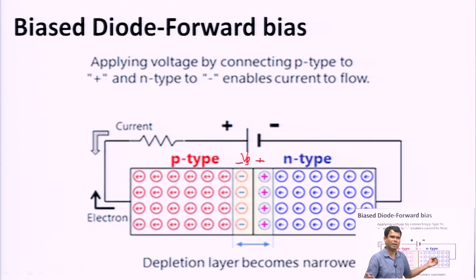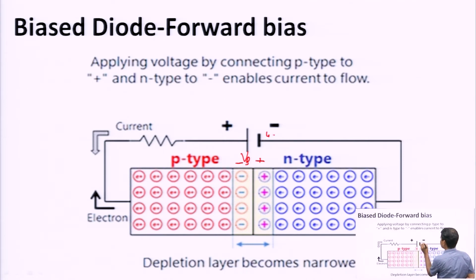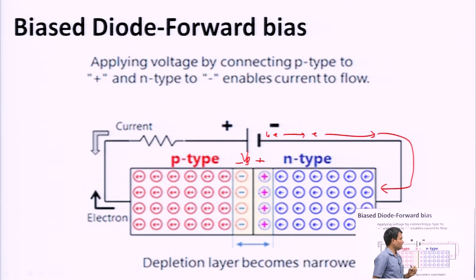Then what will happen? When exactly 4 electrons are supplied to the N type, the 4 electrons will repel, and these 4 electrons will also repel, and the repulsion will continue, and finally the 4 electrons will be here. Then what will happen?